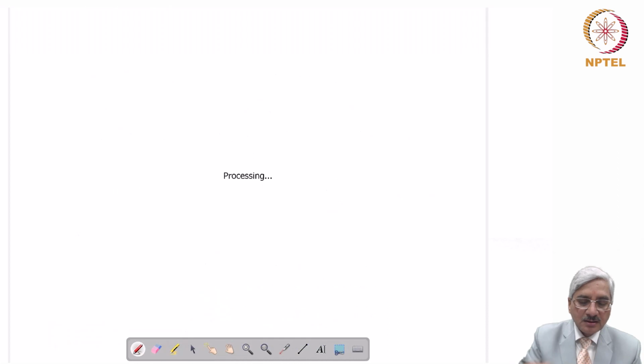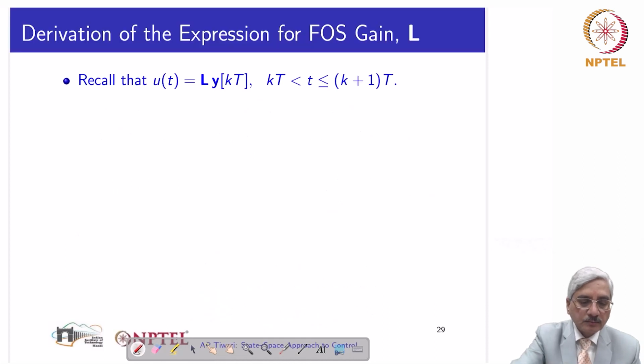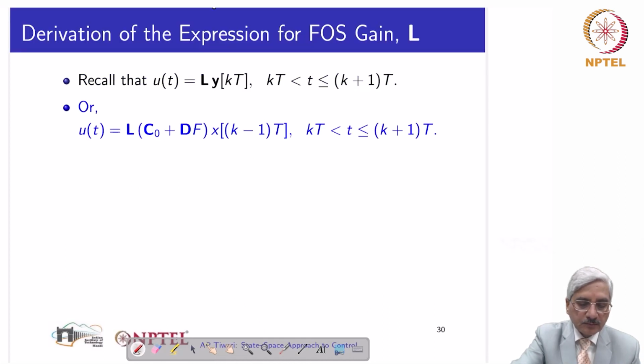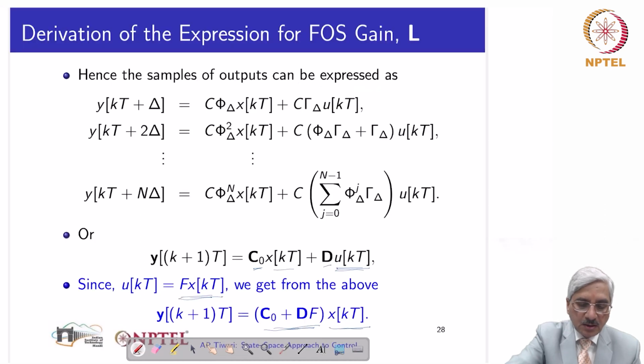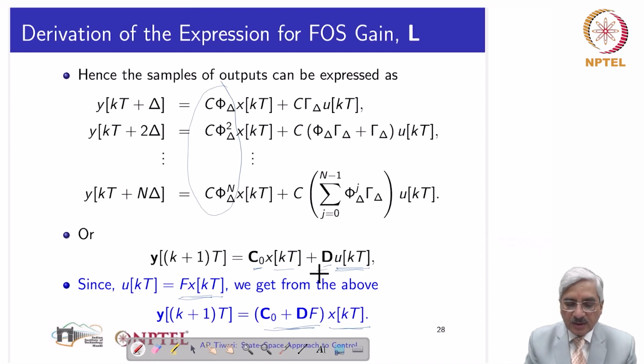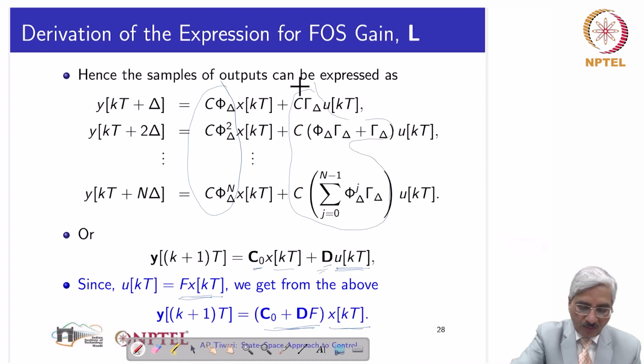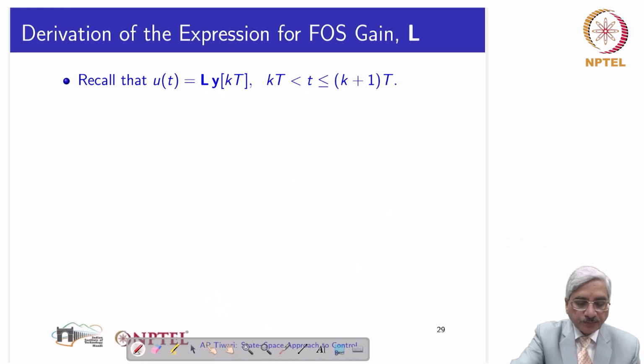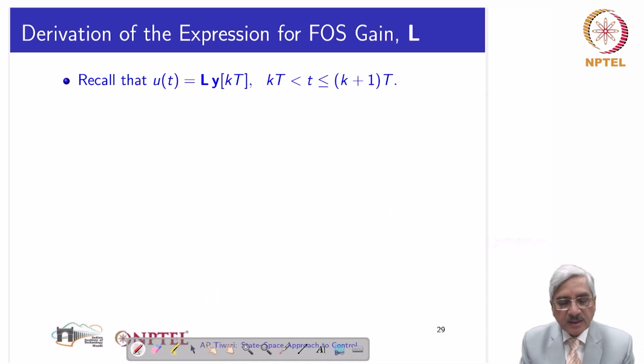And we see here that C0... I'm sorry. So this C0 is C phi delta etc. This was given in one of the previous slides, and D will be this C gamma delta etc. That was also given in the previous slide. So we proceed further.